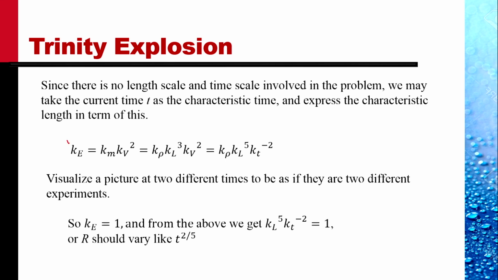The scale factor of energy would be like scale factor of mass times the scale factor of velocity squared. This is like kinetic energy, and K mass is like K rho KL cubed. Kv square is replaced by KL square divided by KT square, so that this becomes K rho KL^5 KT^-2.